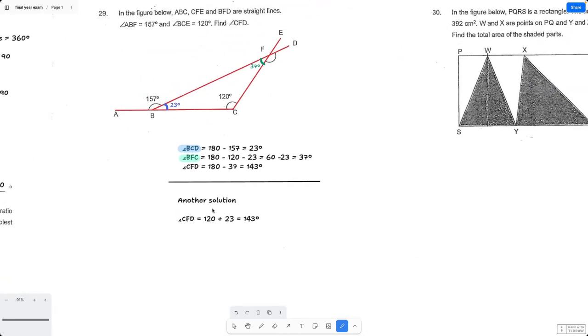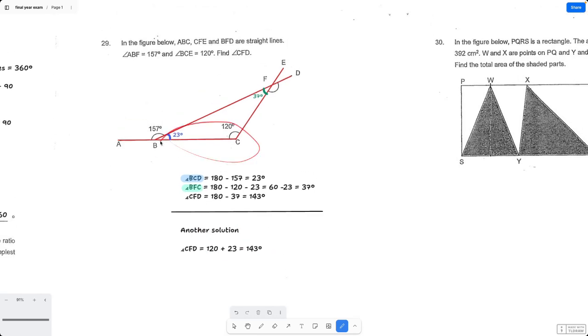I'll probably update this solution to give a better explanation, but essentially the outer angle of a triangle is equal to the two opposite inner angles.